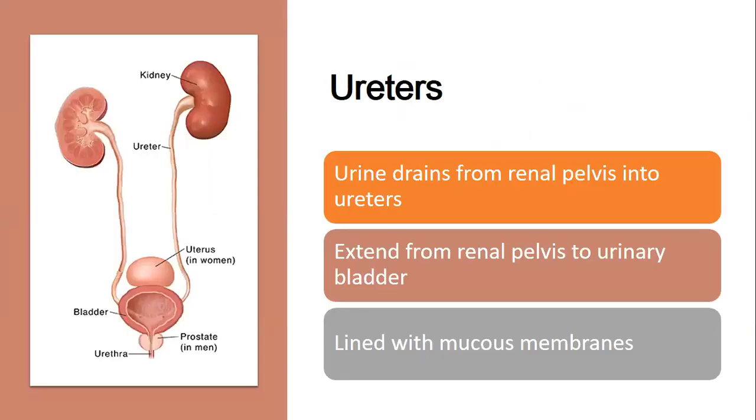Now the ureters: urine drains from the renal pelvis into the ureters, which extend from the renal pelvis to the urinary bladder, lined with mucous membrane and longitudinal and circular muscles. In the photo we see the ureter on the 2 sides.